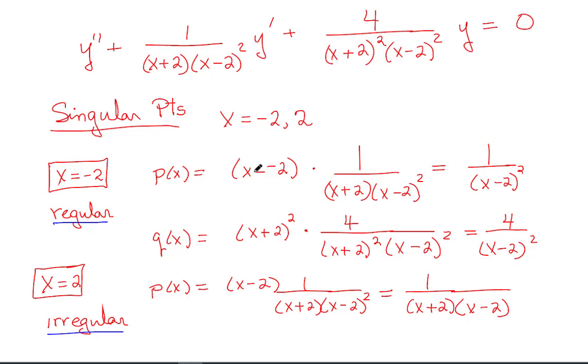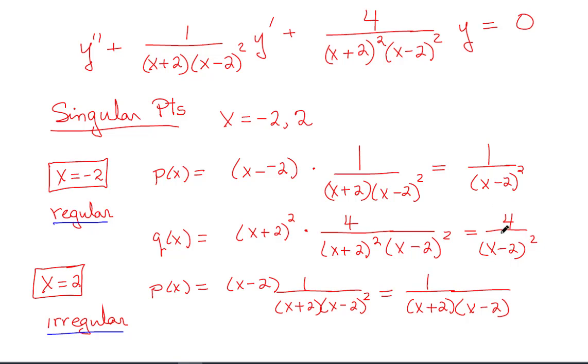So I'm multiplying by x minus a minus 2, or really x plus 2, to the first power, and x plus 2 to the second power. So when I do that, well, what happens? The x plus 2 term cancels, and I'm left with 1 over x minus 2 quantity squared. For small q, I'm multiplying by that term squared. That cancels off the x plus 2 quantity squared, and I'm left with 4 over x minus 2 squared.